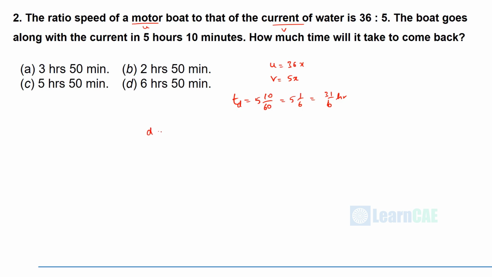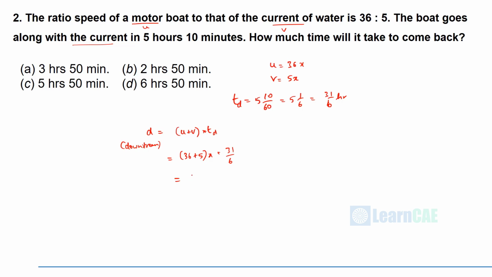The distance travelled along the current, we shall write this as downstream, will be equal to the speed downstream, that is u plus v into time taken downstream. u is 36x, v is 5x. So this will be 36 plus 5x into time taken downstream, 31 by 6 hours.